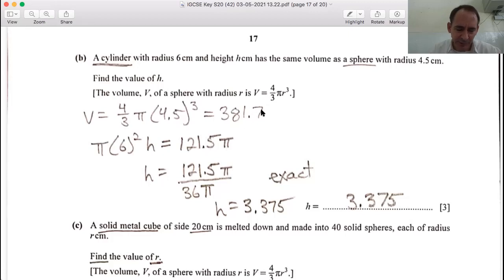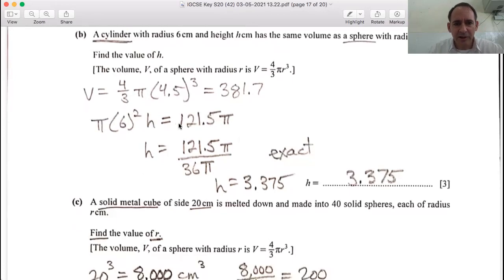I had put 381.7, but to do that gives you all those decimals. So if you just keep the pi and calculate the numbers here, I just got done telling you to use the calculator key. If you keep the pi symbol and calculate the numbers, you get 121.5 pi.